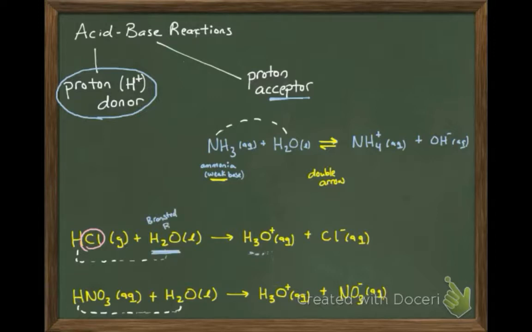In this reaction, water is the Bronsted base, right? Because it is accepting a proton from the HCl. The same in the reaction with nitric acid. HNO3 is donating a proton to H2O. That makes H2O the proton acceptor, and therefore a base.